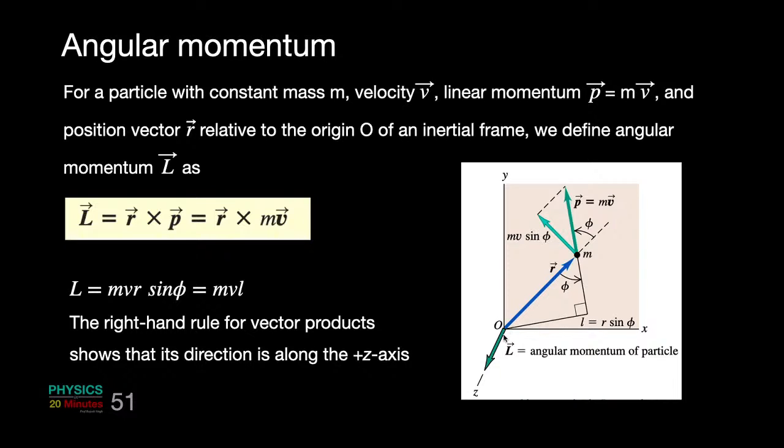So the direction of angular momentum vector will be this way, that is along the z-axis. So remember again that the L vector, just like the torque vector, is perpendicular to the plane in which r and p vectors lie. In this diagram, r and p vectors lie in the xy plane, and L vector is along the z-axis, which is perpendicular to the xy plane.